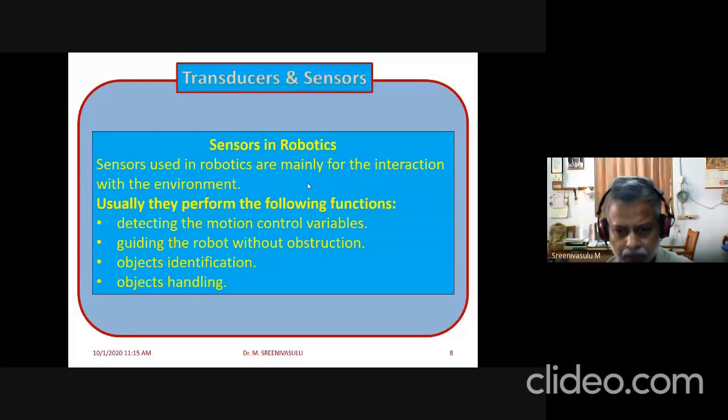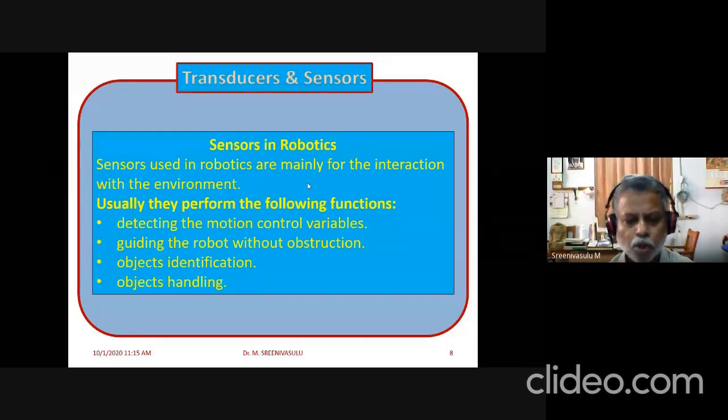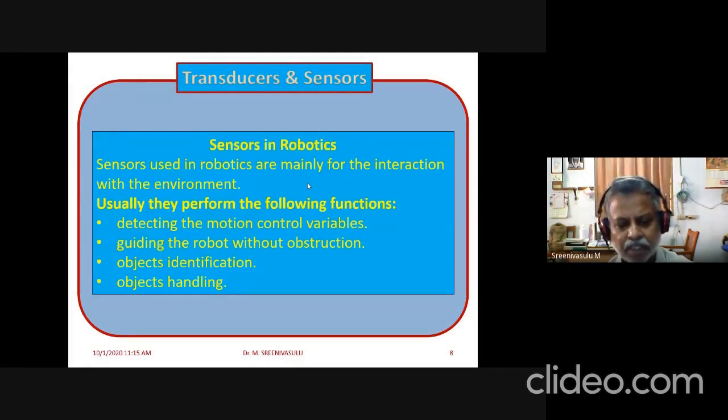The interaction with the environment is provided on a need basis, and that necessity was subgrouped into these four categories: detecting the motion, guiding the robot, objects to be identified, and objects to be handled.